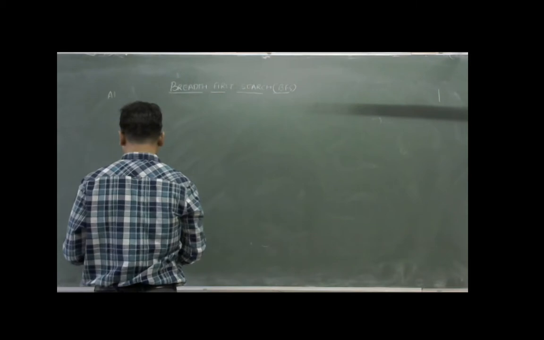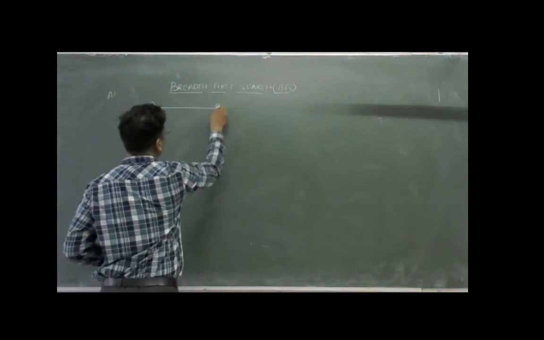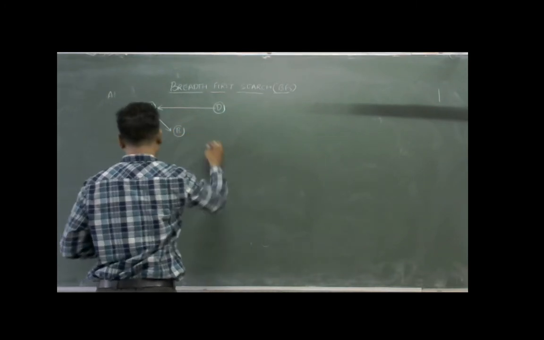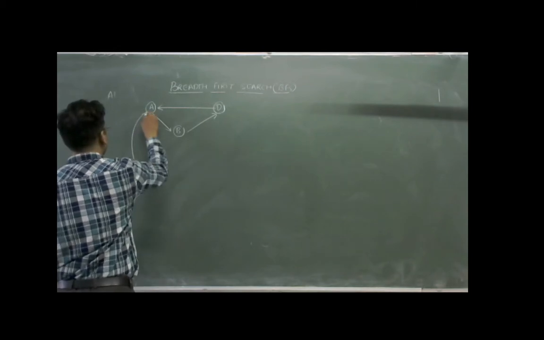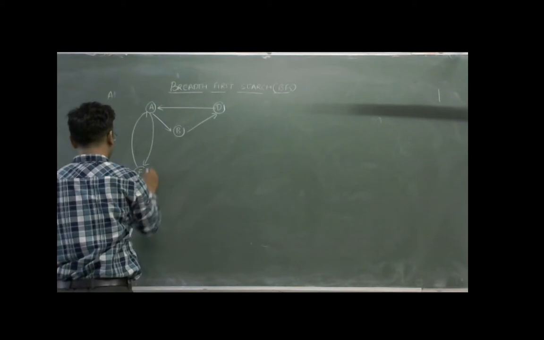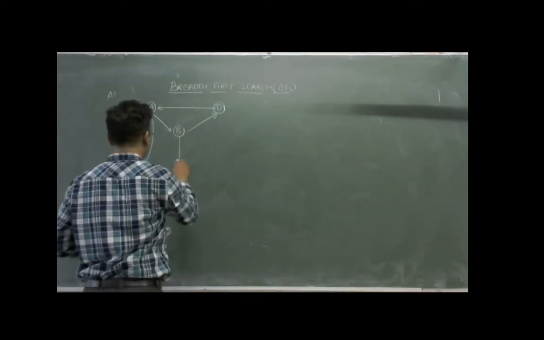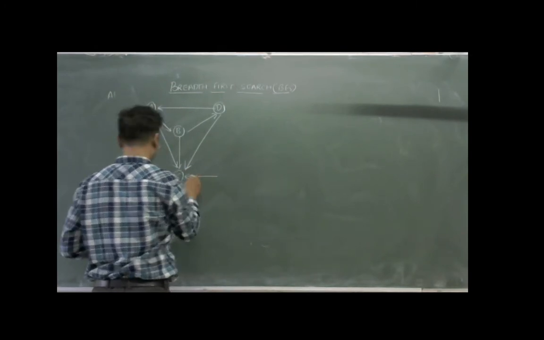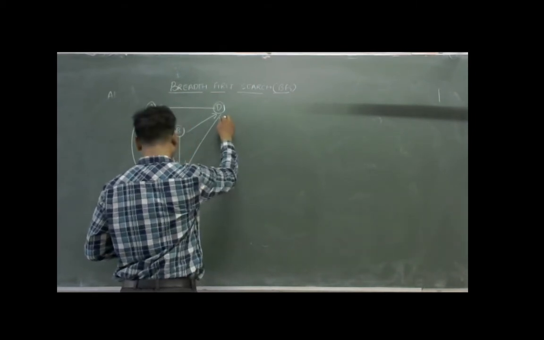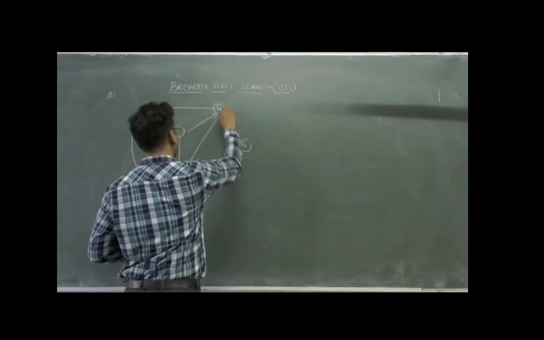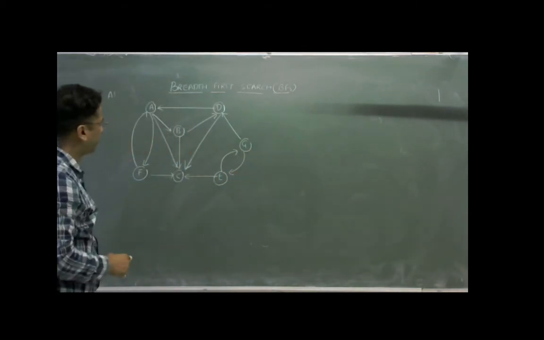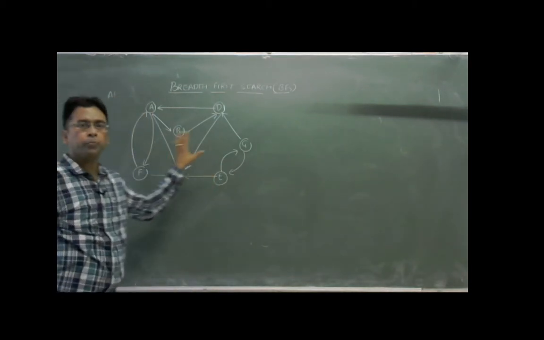So here's the example. I'm drawing a directed graph with nodes including D, B and C. So here I have drawn a figure, and I am going to traverse this graph with the help of breadth first search.